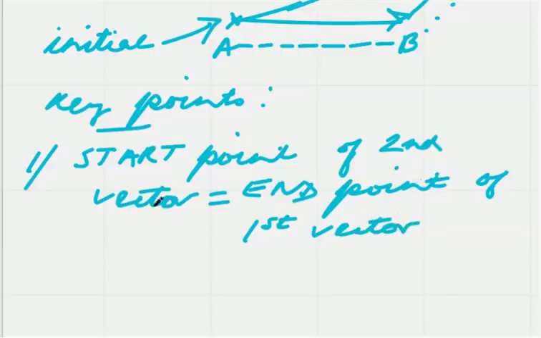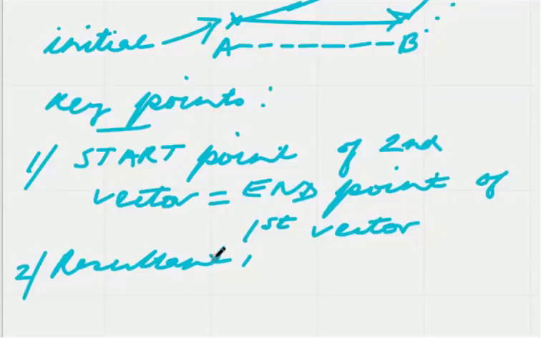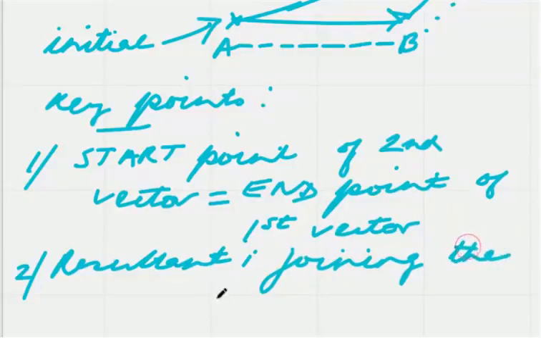And the second key point we have to remember is that the resultant or the sum is obtained by joining the initial point to the final point.